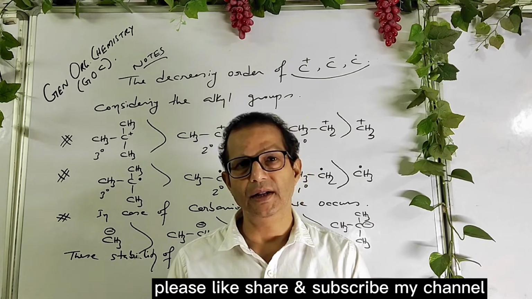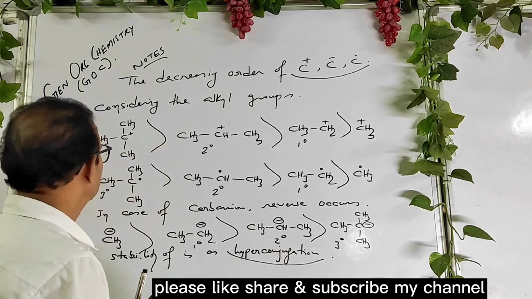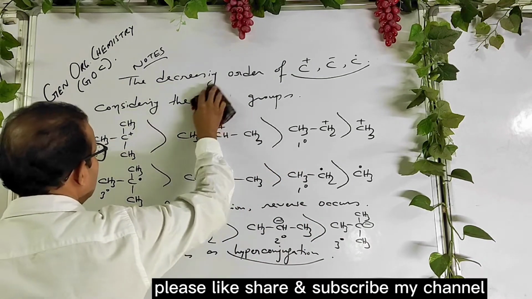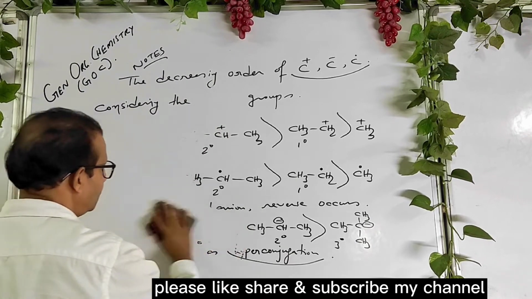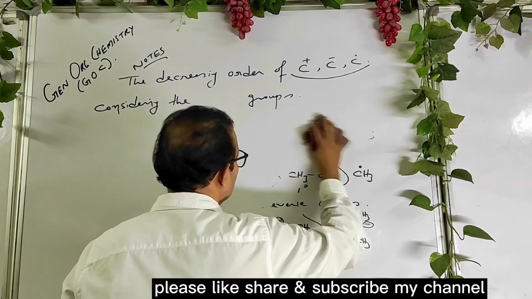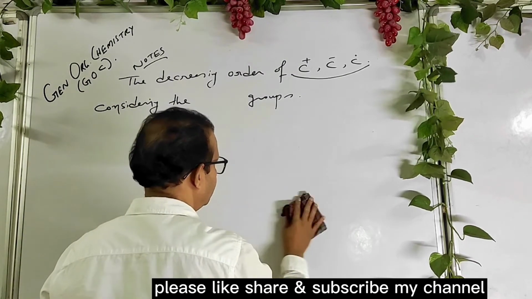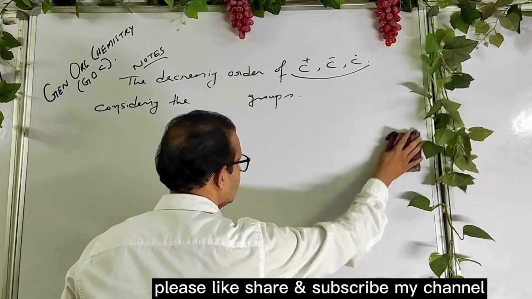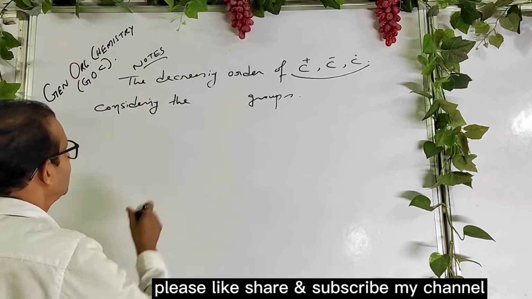and free radical are the same. See the note: in case of the phenyl group, the stability order of carbocation, carbanion and free radical is the same.